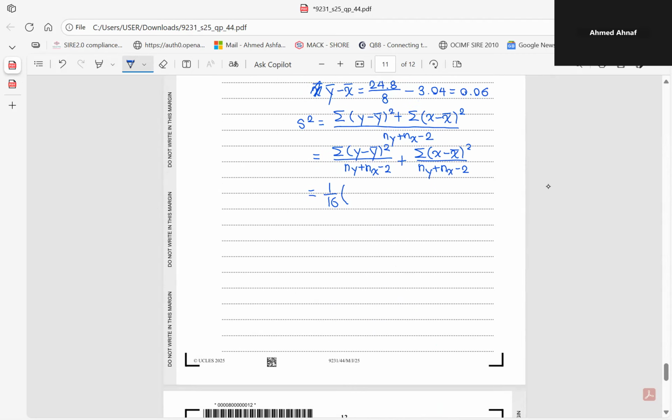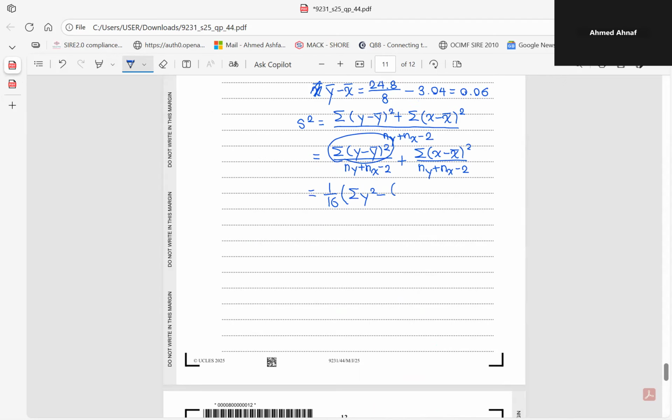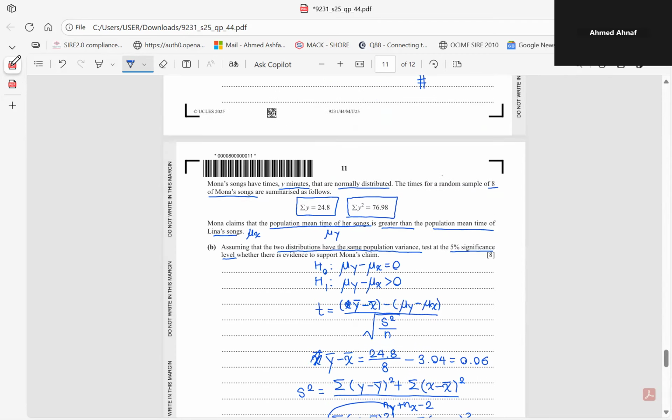And then this numerator is equal to sigma y squared minus sigma y whole thing squared over n. n is the sample size of y, that's 8, plus 1 over 16. It's the same for this.